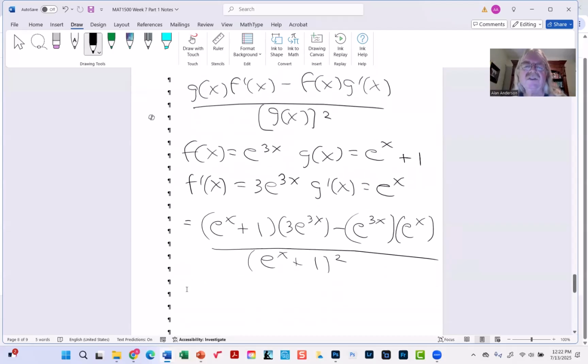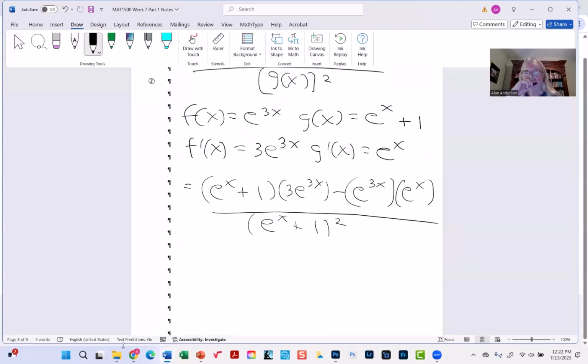All right, and then we, of course, simplified a little bit. You can see, for example, both of these terms contain an e to the 3x. So let's factor that out.